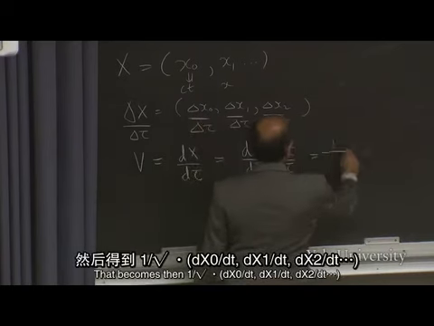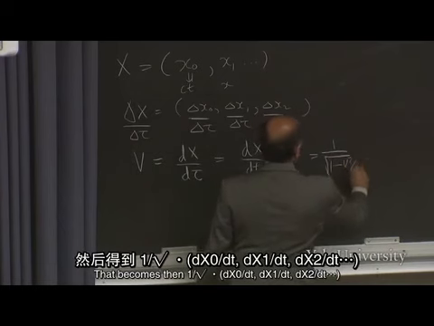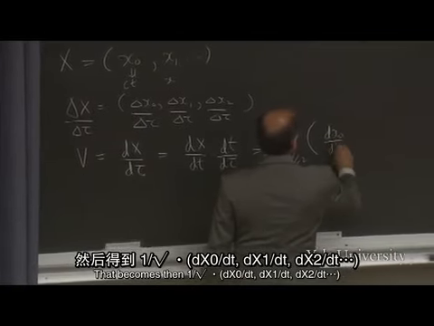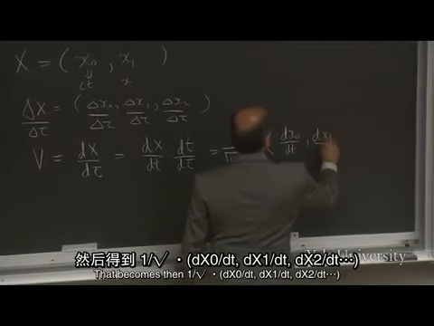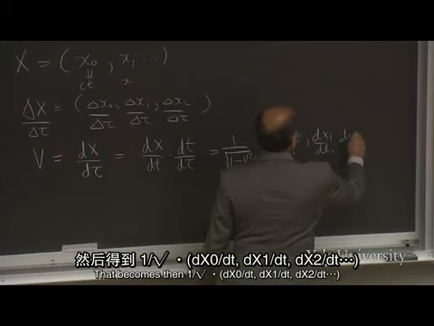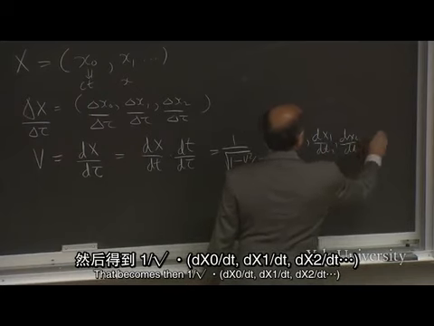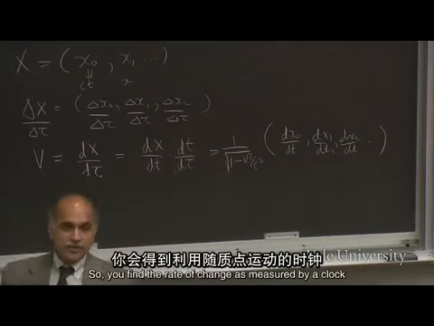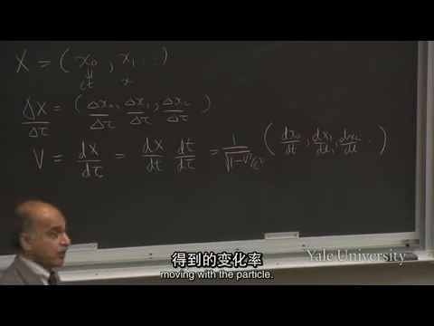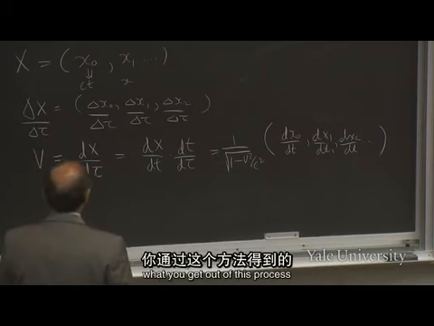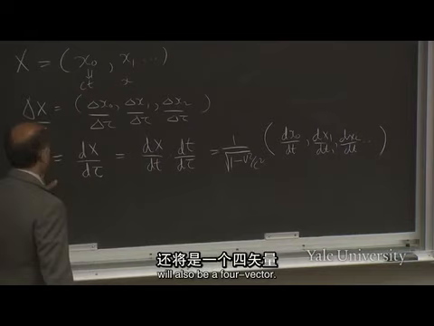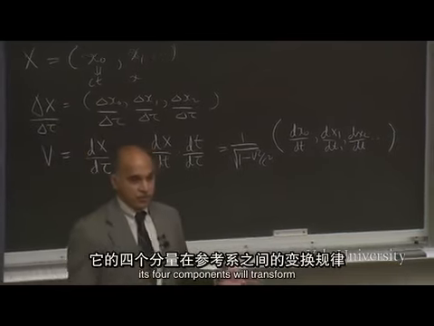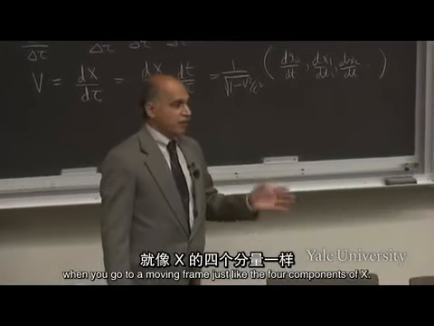That becomes then 1 over the square root of 1 minus v squared over c squared times dx0/dt, dx1/dt, dx2/dt, etc. So you find the rate of change as measured by a clock moving with the particle, and that has the virtue that what you get out of this process will also be a 4-vector. By that I mean its 4 components will transform when you go to a moving frame, just like the 4 components of x.